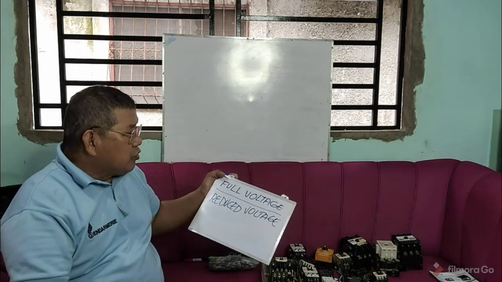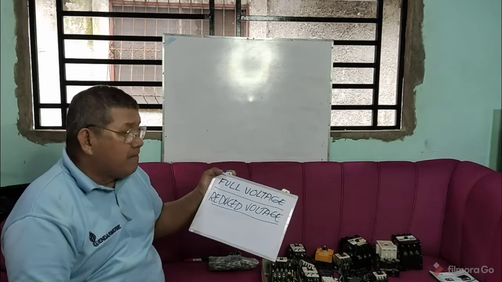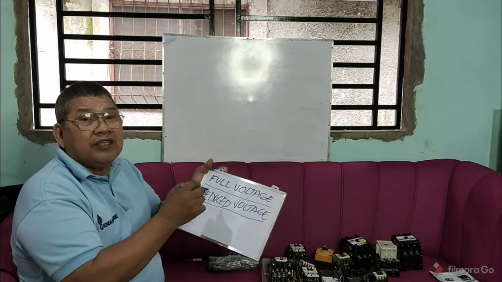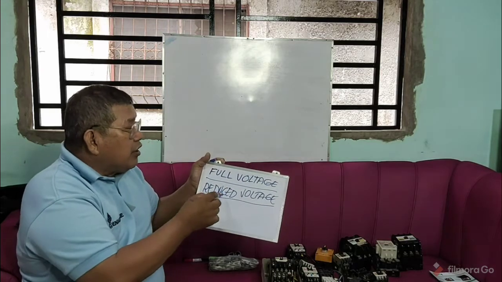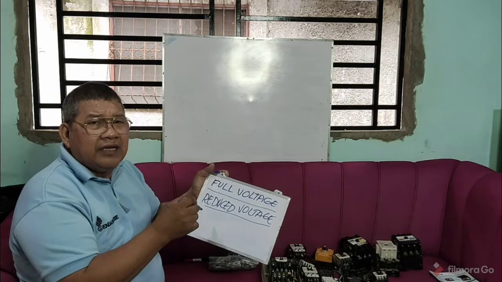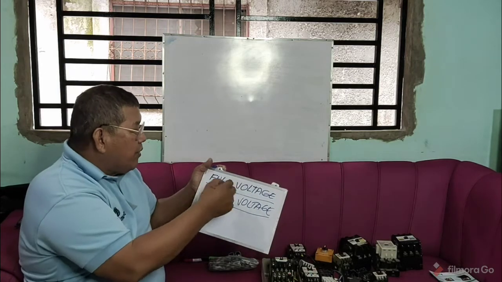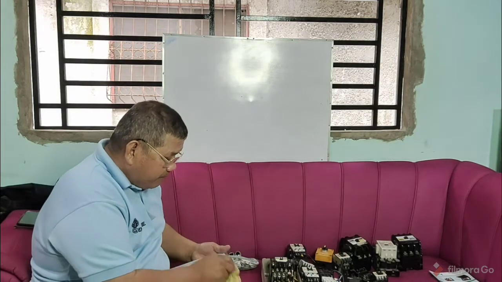So you are going to use a reduced voltage magnetic starter. We will start from the full voltage magnetic starter. These are the two types or classes of starter that we will be learning.